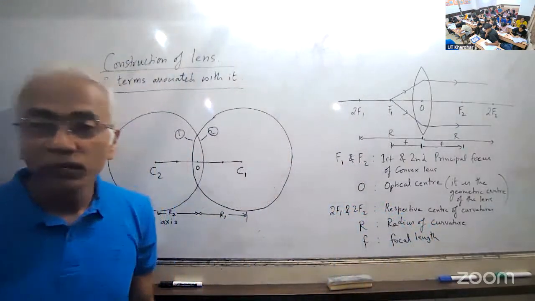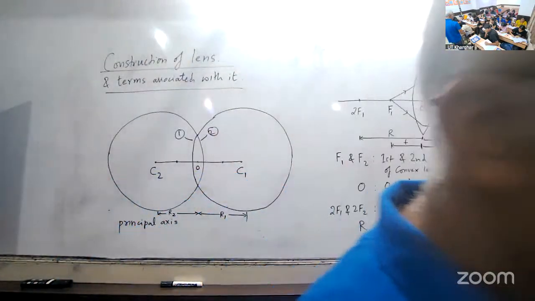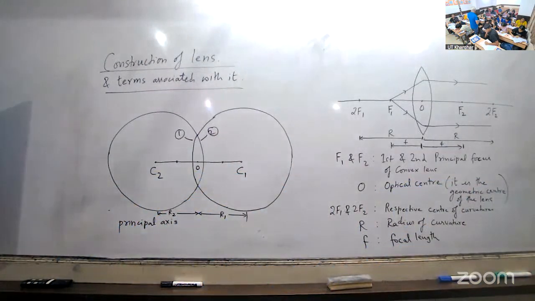So these are the parameters required to define a lens: a focal length, a radius of curvature, and the focus and center of curvature, which are points on the principal axis.